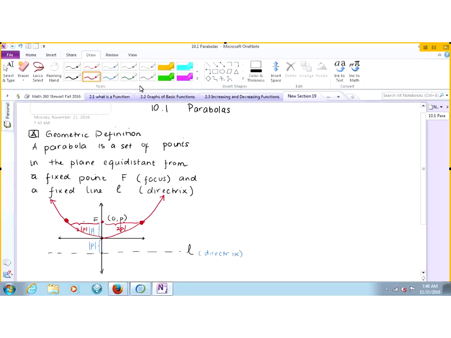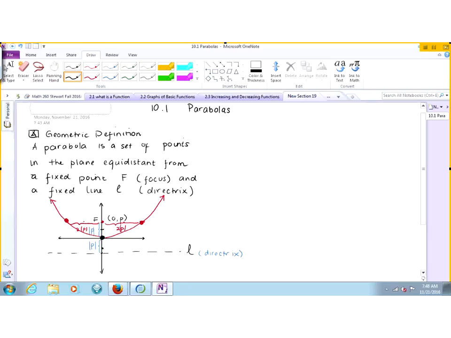Let's look at this point, the vertex. Is it the same distance from the focus and the line?